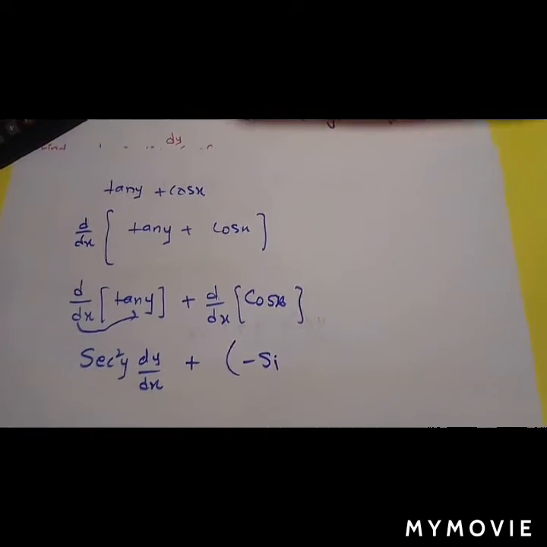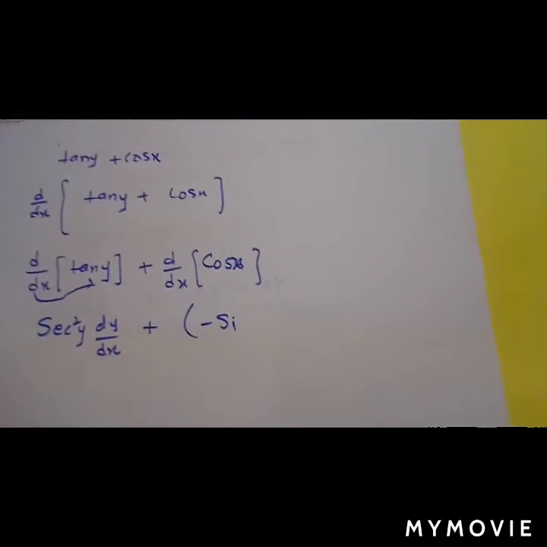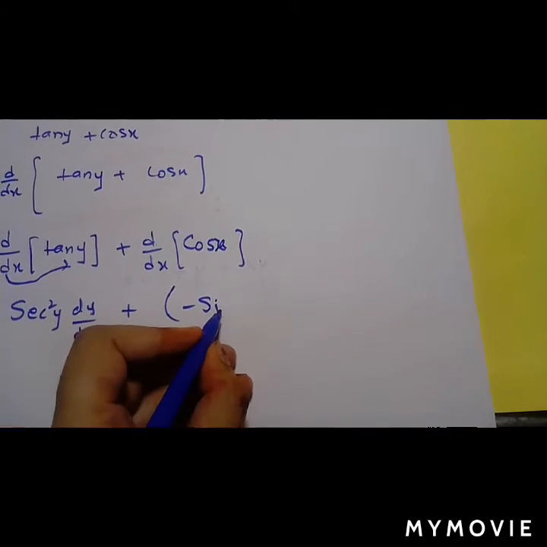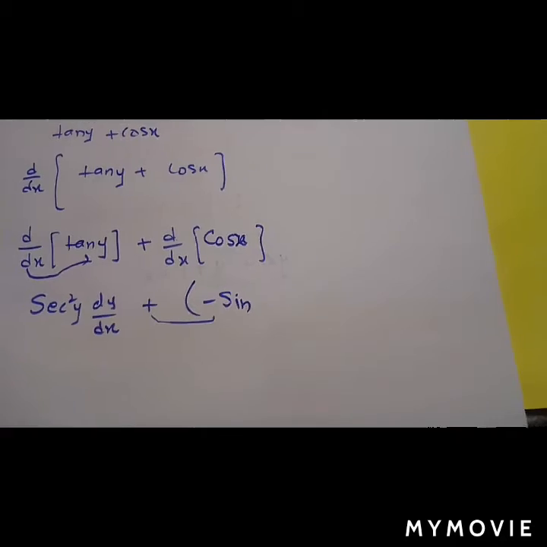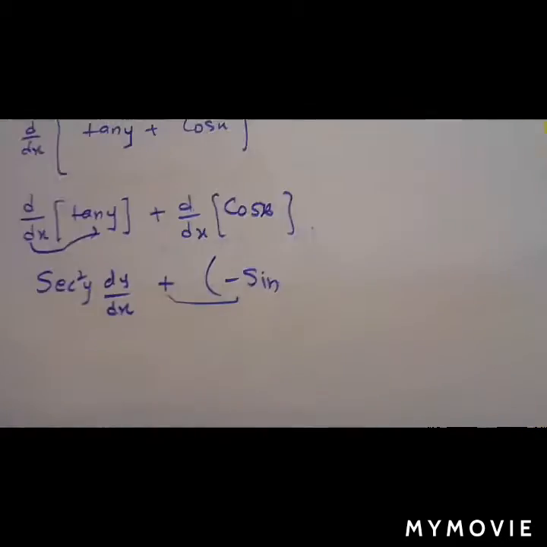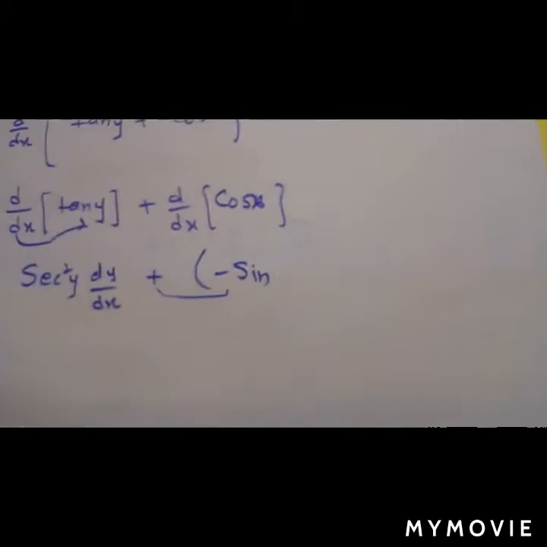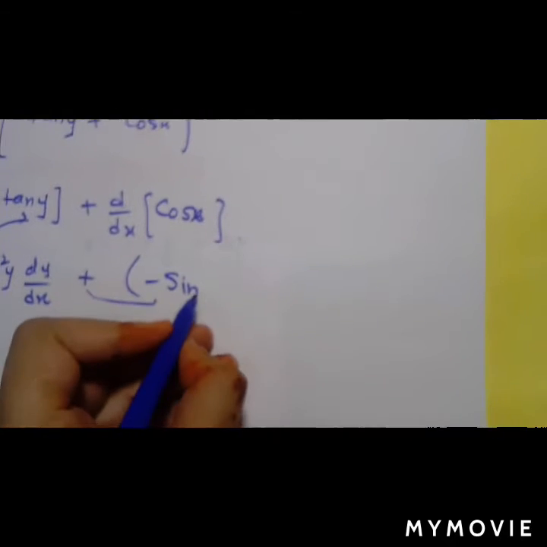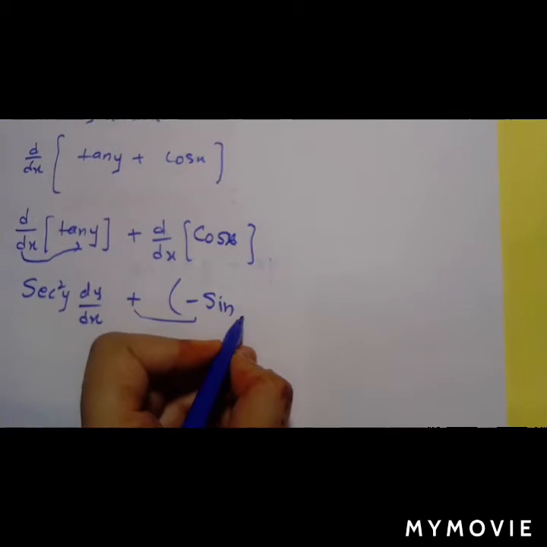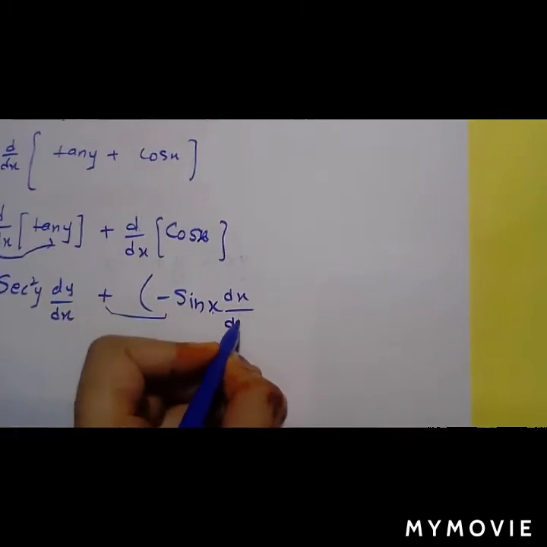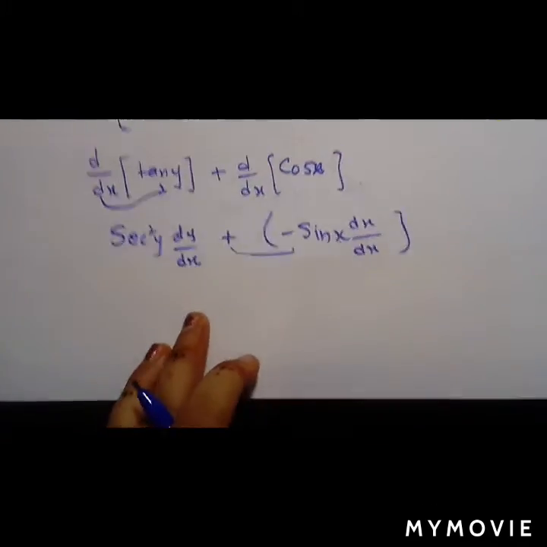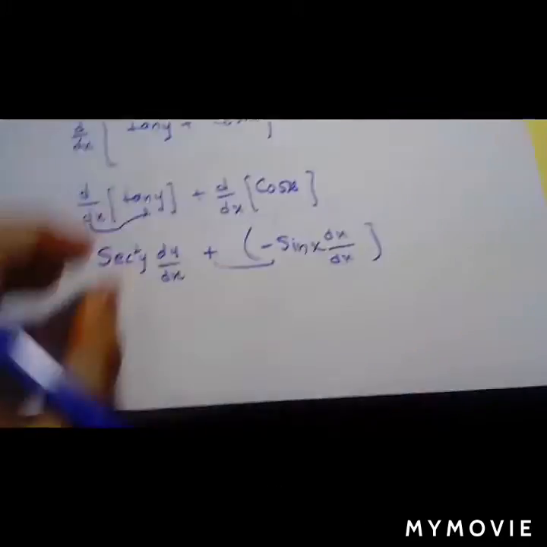Try to keep negative signs in brackets because signs without brackets may confuse the examiner, and the examiner may cut your marks. The derivative of x is 1. By applying the power rule, you can find it.